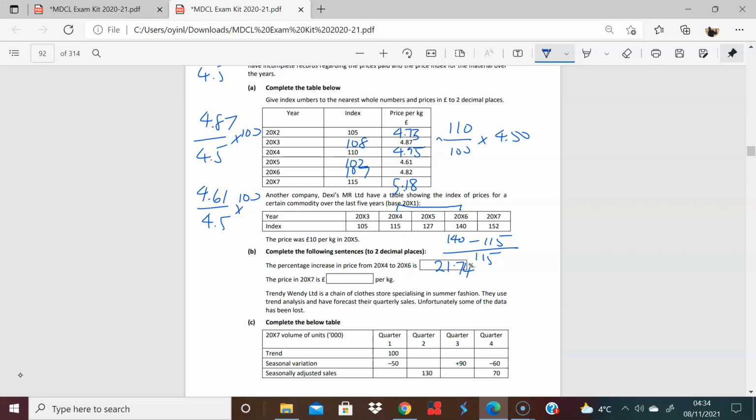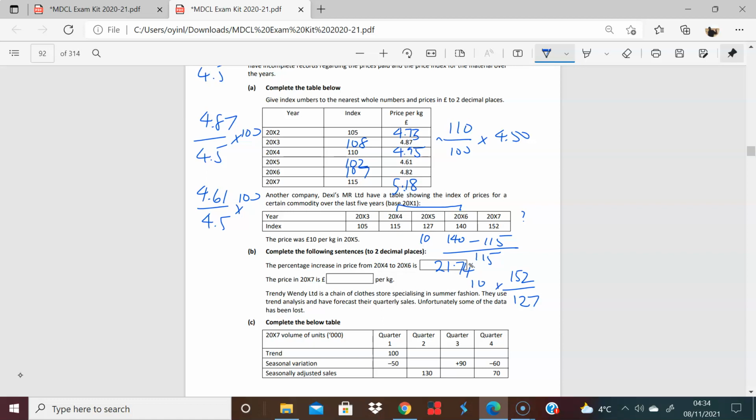It says that the price in 2005 is £10. We want to know what the price is in 2007. Well, here we literally have 152 over 127 times £10, because that's the change.